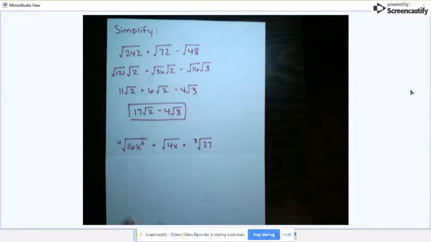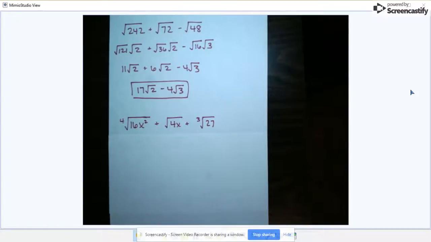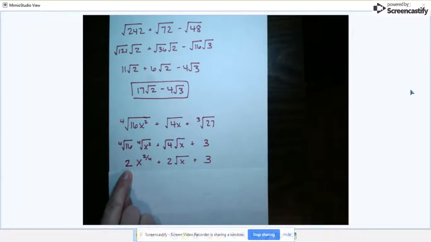Here's another one, this time with variables. We have the 4th root of 16x squared plus square root of 4x plus cube root of 27. So we can still break down, this is a product, it's 16 times x squared, so I broke it down into the 4th root of 16 and the 4th root of x squared, and then square root of 4x is 2 square root of x, and then plus 3, because cube root of 27 is 3. 4th root of 16 is 2.